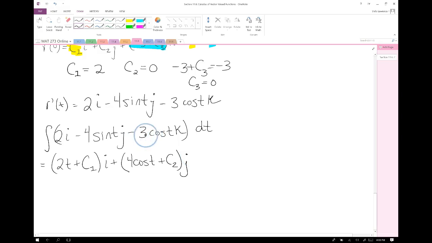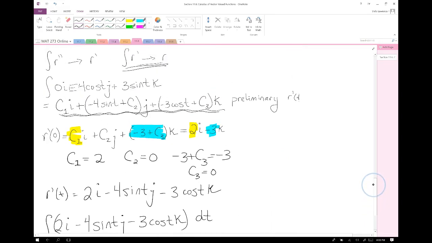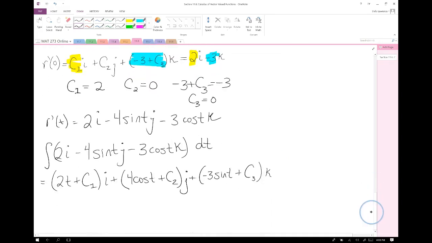The antiderivative for negative 3 cosine t is going to be negative 3 sine t plus a C3 in our k component. And this is our preliminary R of t. It's not our final answer because it still has arbitrary constants in it.